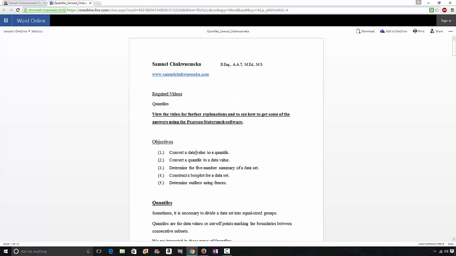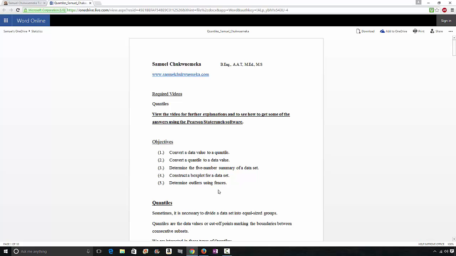We shall convert a data value to a quantile. We shall convert a quantile to a data value. Then we shall determine the 5-number summary of data. And once we do that, we shall construct box plots, otherwise known as box and whisker plots.